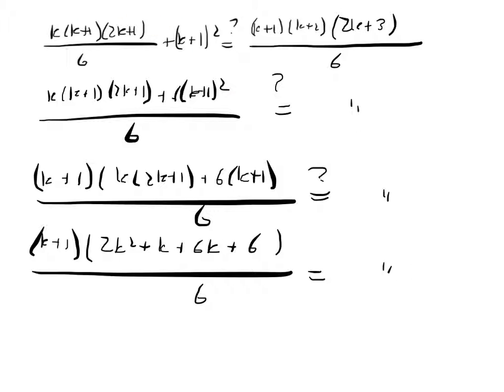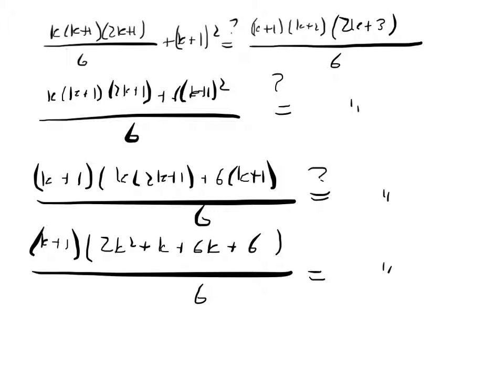I've got to find a common denominator here, which would be 6. So multiply top and bottom, k plus 1 squared over 1 by 6. Got my common denominator. I then note that I can factor out a k plus 1 out of each of these two terms. When I factor the k plus 1 out, I'm left with k times 2k plus 1 plus 6 times k plus 1.